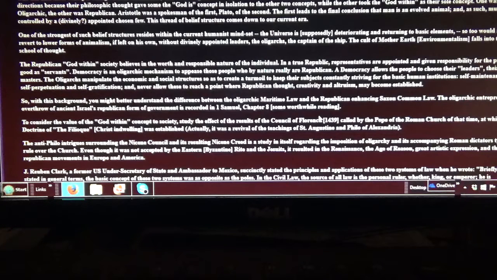The oligarchs manipulate the economic and social structures so as to create a turmoil to keep their subjects constantly striving for the basic human institutions: self-maintenance, self-perpetuation, and self-gratification, and never allow these to reach a point where Republican thought, creativity, and altruism may become established.